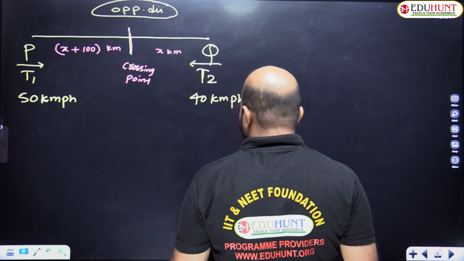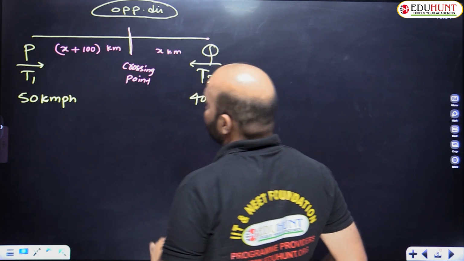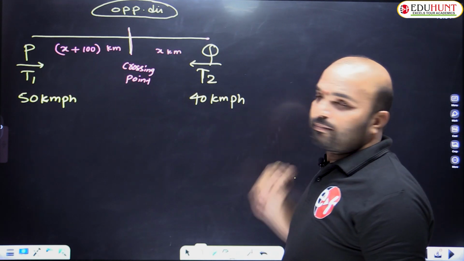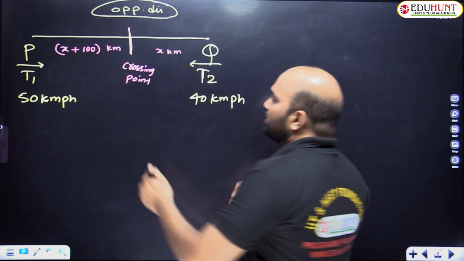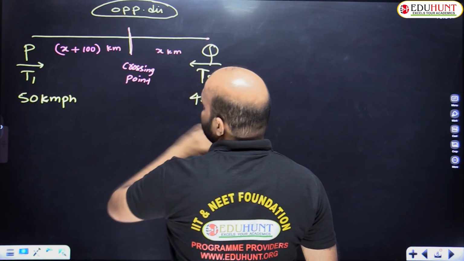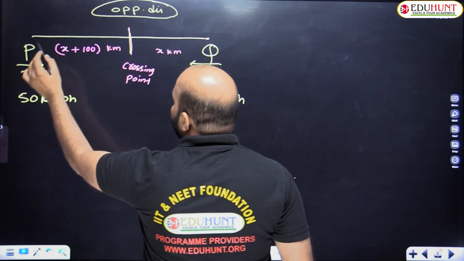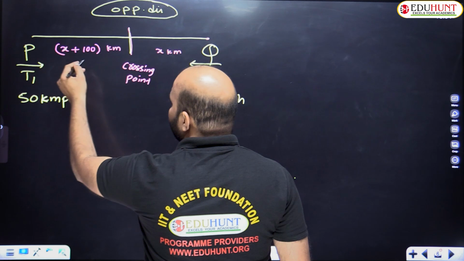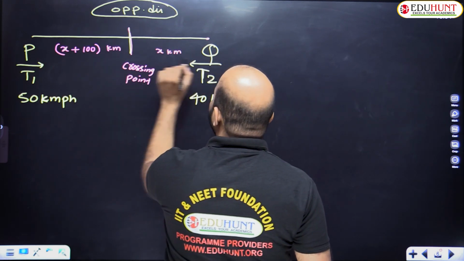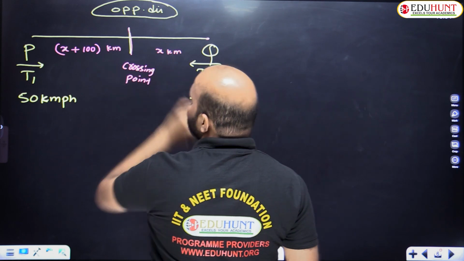Am I clear? So clearly we need to observe. Here, which one is equal? Time is equal at the crossing point. T1 starts at P, T2 starts at Q. T1 from P to the crossing point, how many hours does it travel? The same time as Q also travels, but with a different distance.